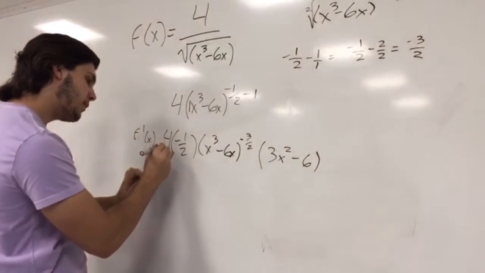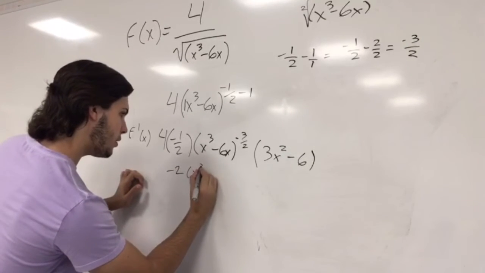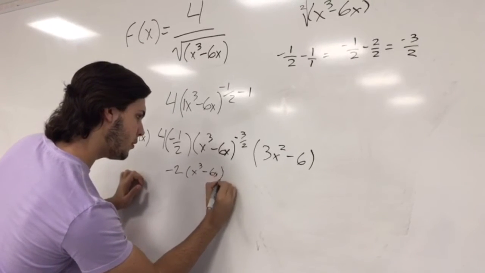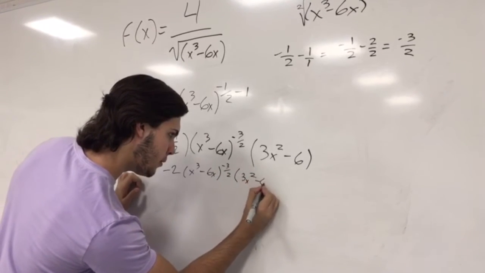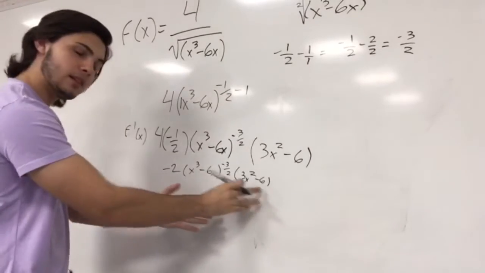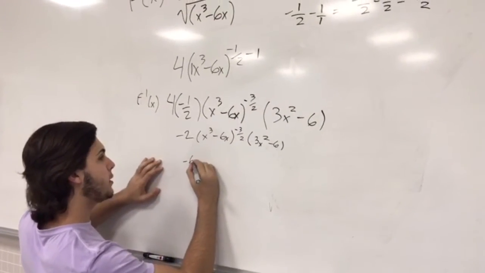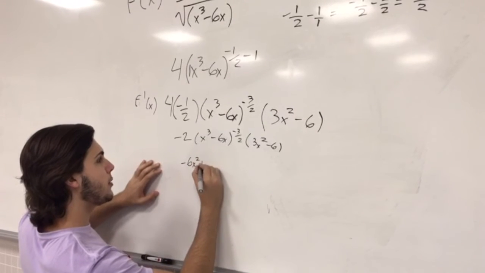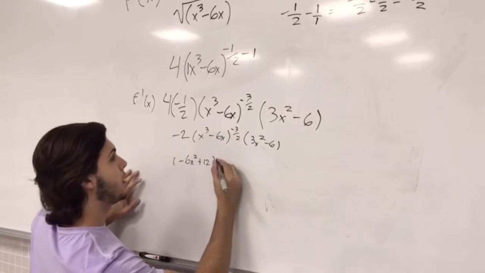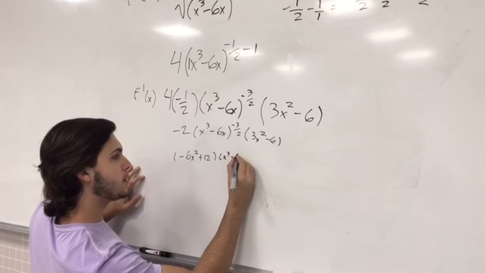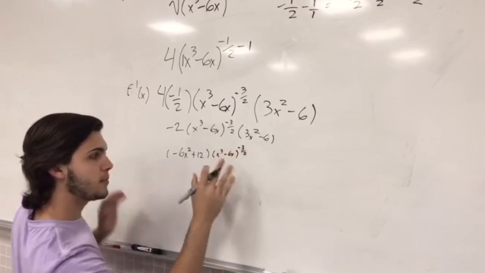So we're going to be left with minus 2 x cubed. Now we multiply this times this. We're going to be left with x squared plus 12, this in the same parentheses, and then x cubed minus 6x with a minus 3/2 power.